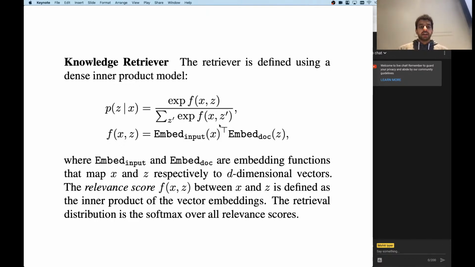Yeah, so I mean, this is showing it without that approximation, but yeah, in practice, when you do the nearest neighbor lookup, they're only retrieving the top k, the ones with the highest dot product, and they then do the marginalization over that. Yeah. You calculate the scores for all of the z's. That's right.